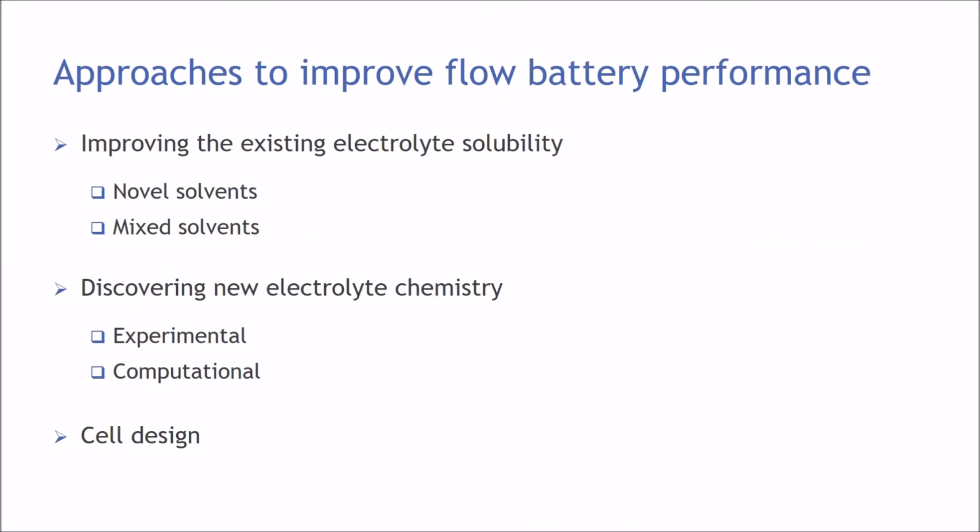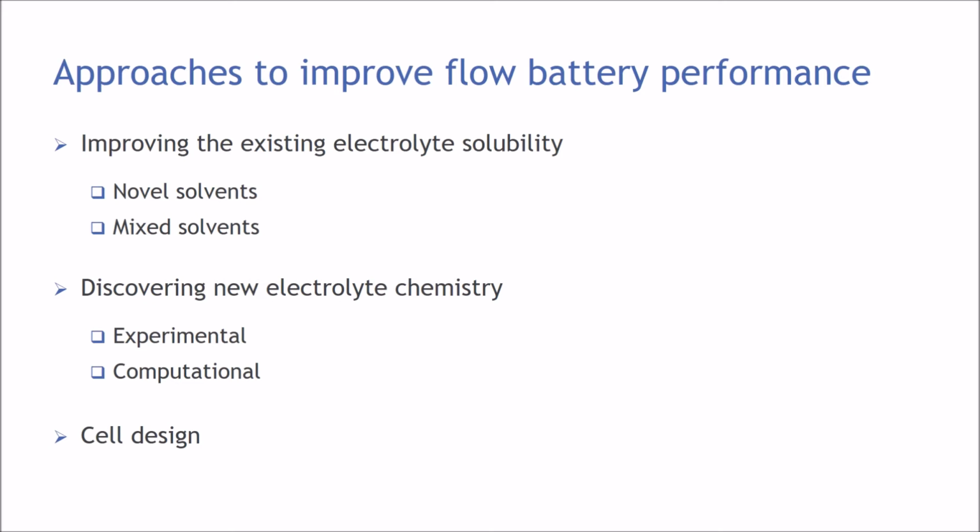If we can increase the existing electrolyte solubility, so that in a given volume we can dissolve more electrolyte, thus increasing the energy deliverable. Another way is discovering new compounds that have suitable properties for acting as flow battery electrolytes.